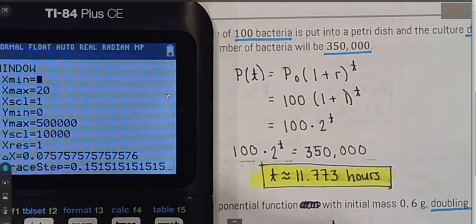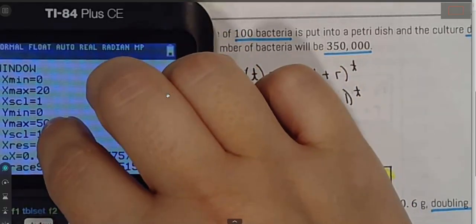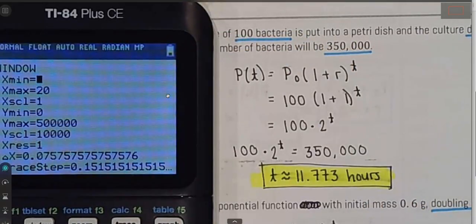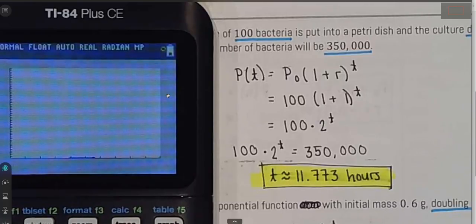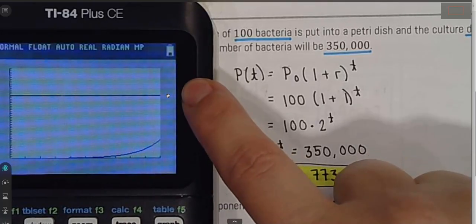For the x-min and x-max, I knew the time had to be positive, so I made my x-min and y-min 0. For x-max, initially I put 10, but then I thought it might be a little bit past 10, so I put 20 just to see. And it turned out to be a good estimate. If I had done this initially, like I was thinking of doing, what I would have seen is, oh, it's intersecting somewhere over here.